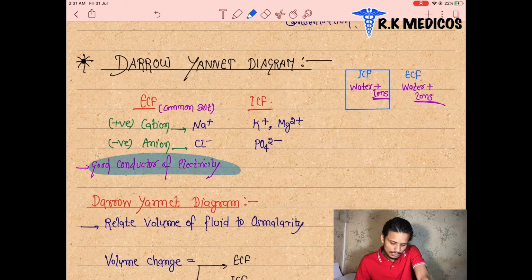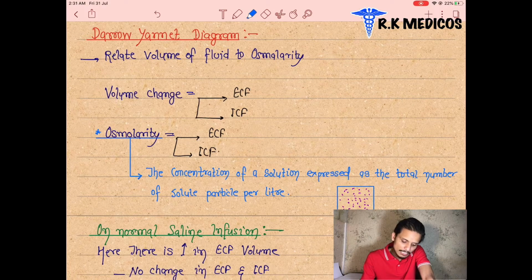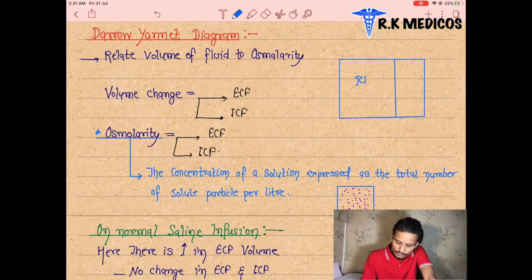Now we are going to see the Darrow-Yannet diagram. It is based on this diagram. This is the example I'm taking here. Suppose that this is the intracellular compartment, intracellular fluid, and this is the extracellular fluid.